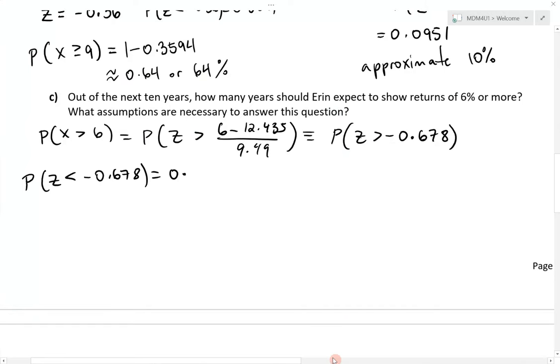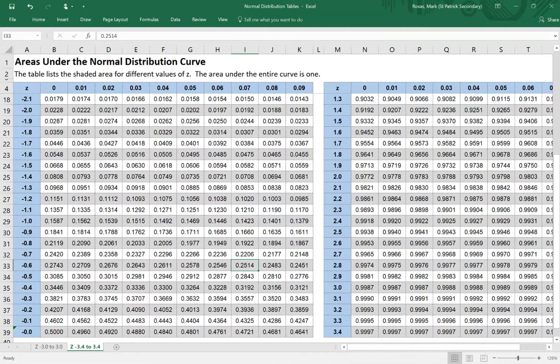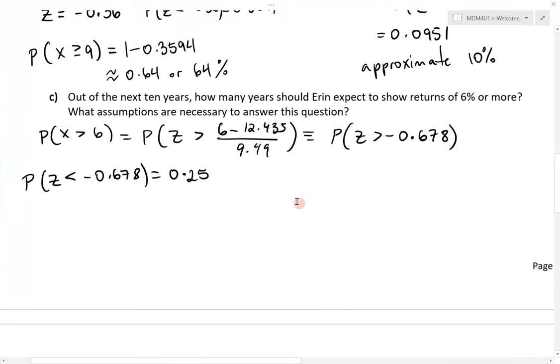Yeah, okay. So that's the probability for that one.